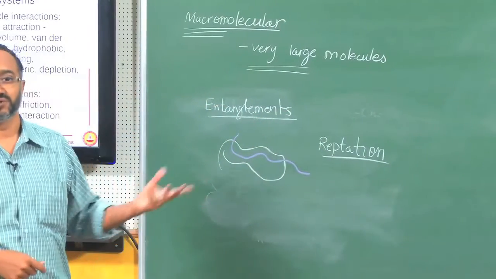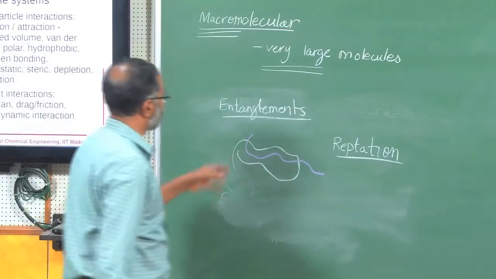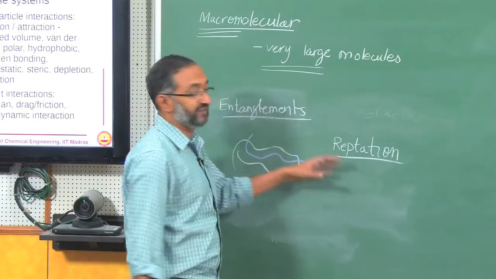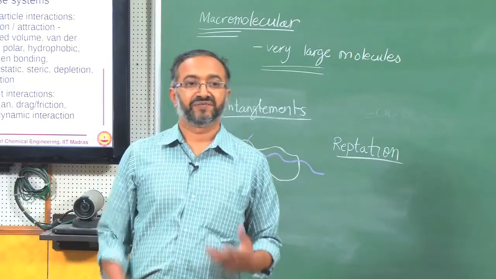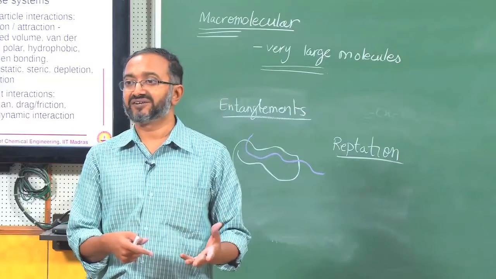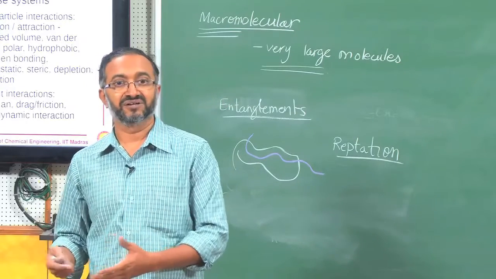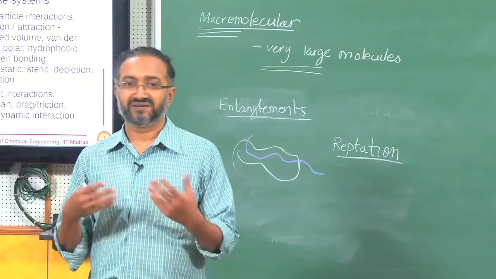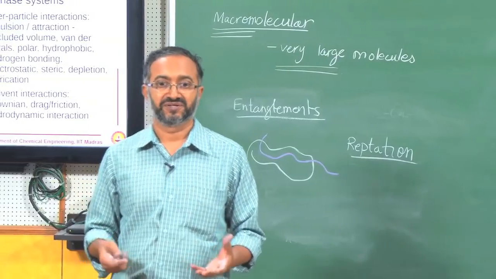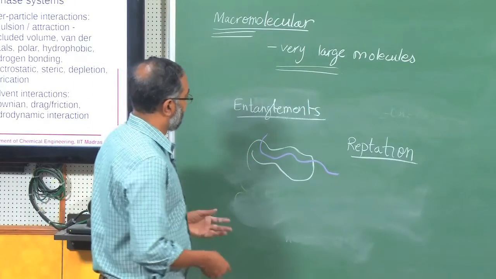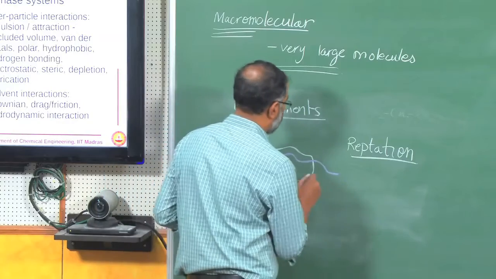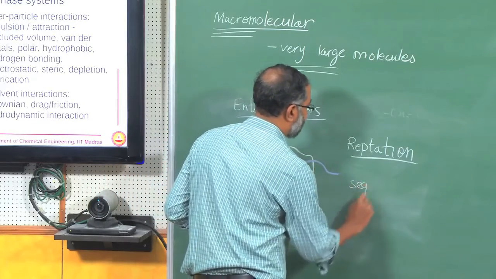So, it is motion in a tube basically. When these entanglements are there, we will see that the rheological response will be very different. If we have an unentangled solution versus an entangled solution, there will be a big difference in any of the rheological response. And whenever we have an entangled system, an important term which we will use is called segment.